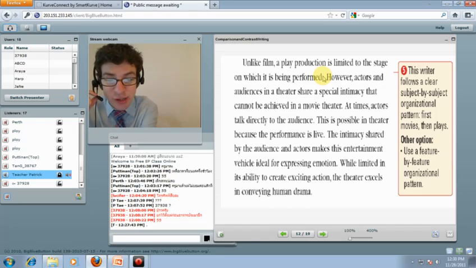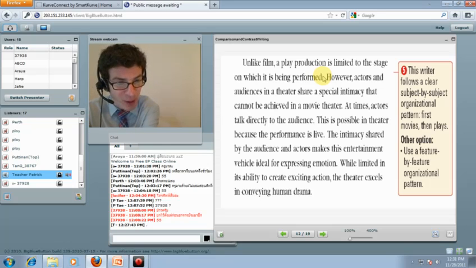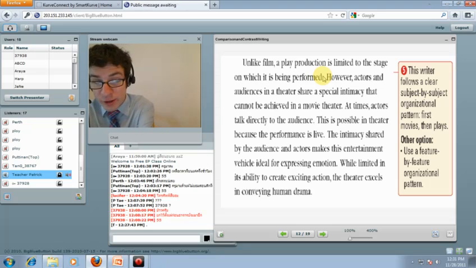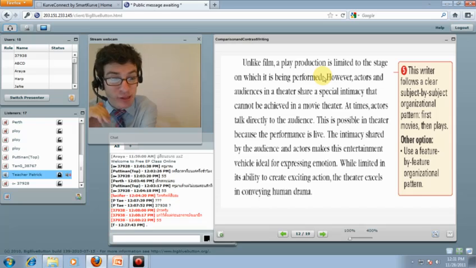However, actors and audiences in a theater share a special intimacy that cannot be achieved in a movie theater. Remember, we talked about how movie theaters can play the same movie all around the world at the same time. Here it says, though, since it's actors and actresses in one place at one time, they share something special that movies don't have. We're talking about differences here, okay? So remember, we're discussing what we talked about in movies, but now we're talking about how plays are different from that.